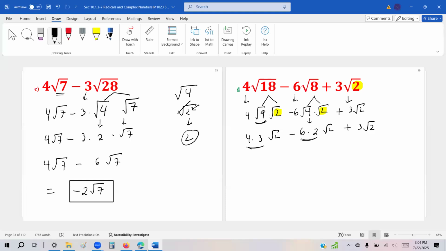Multiplication comes before addition and subtraction. So we have 12 square root of 2 minus 12 square root of 2 plus 3 square root of 2. And surprisingly, we have the exact same 2 things here with opposite signs. So they cancel out. So the answer is the leftover 3 square root of 2.